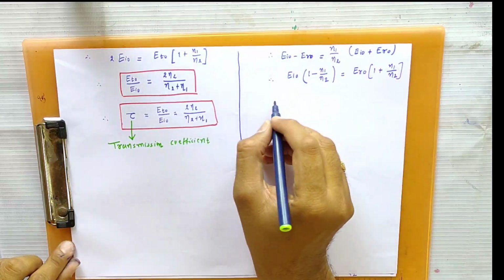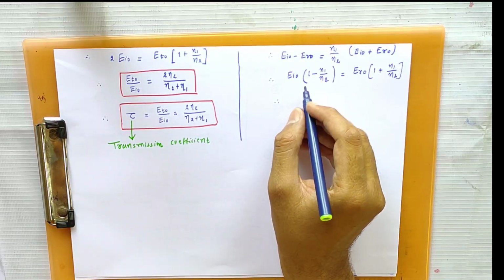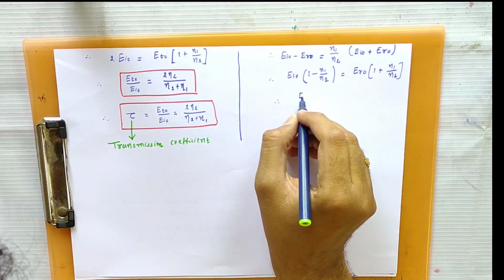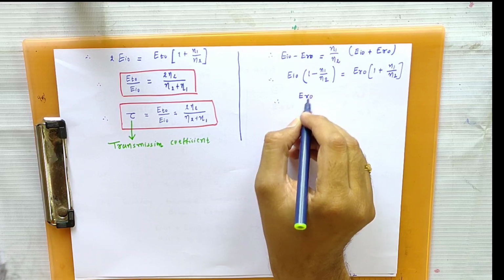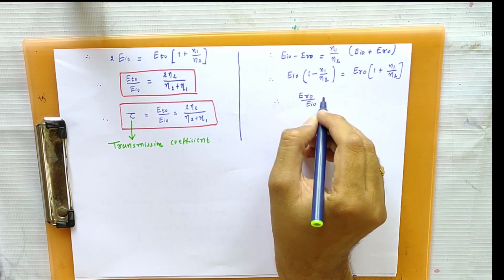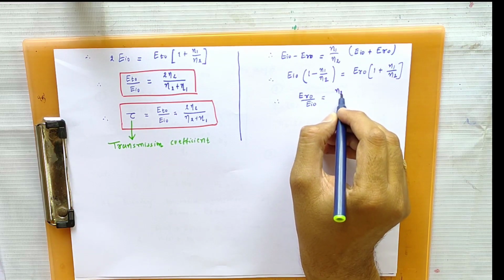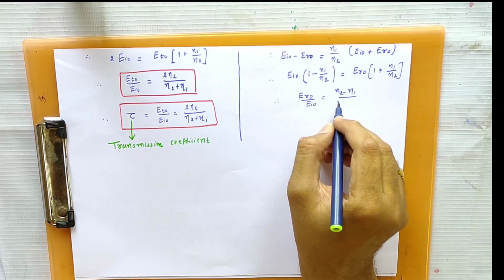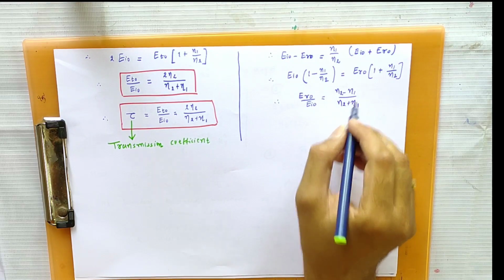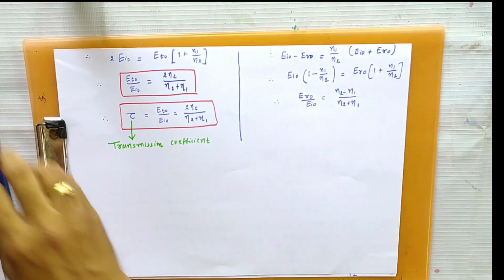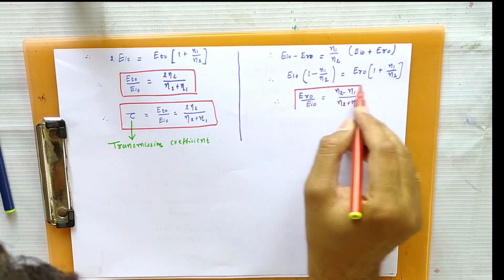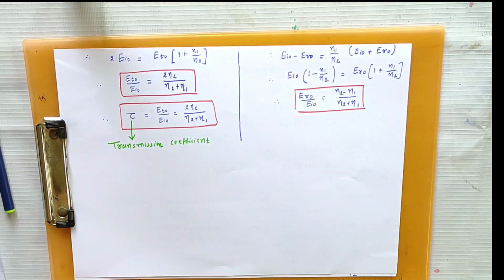If we do some calculations, Ero by Eio, reflected wave by incident wave, is equal to (eta 2 minus eta 1) upon (eta 2 plus eta 1). So it is known as the reflection coefficient.